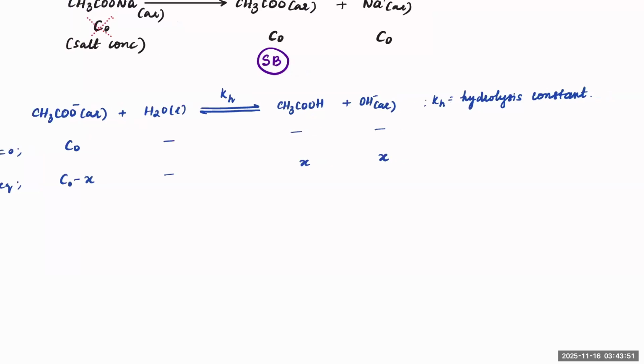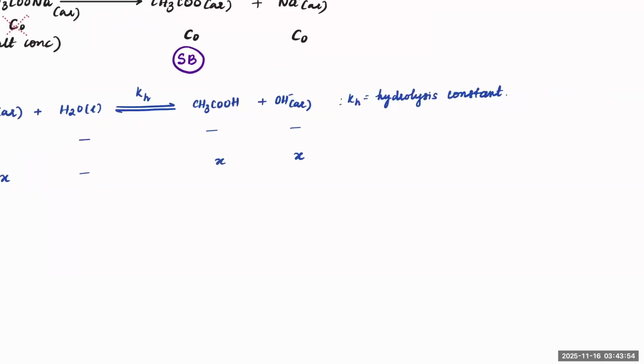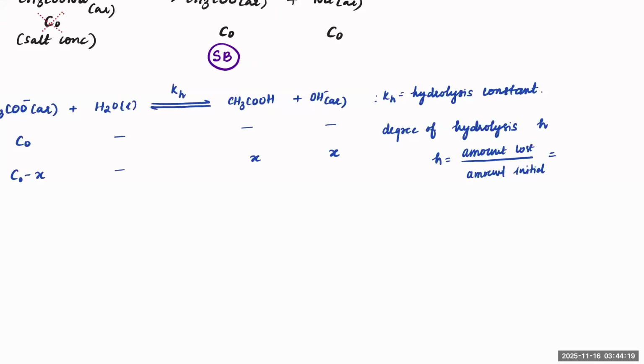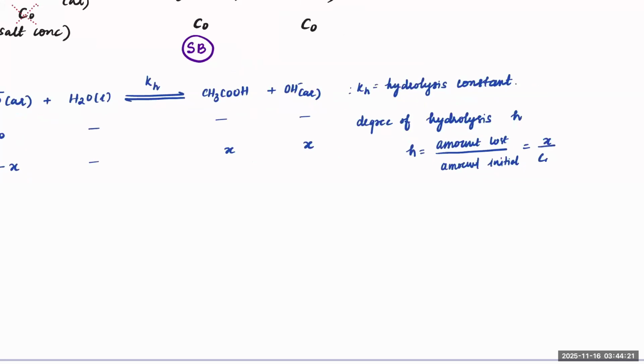Just like degree of dissociation, here we are defining a new term known as degree of hydrolysis, which is h. h is equal to amount lost divided by amount initial, just like alpha. So that is equal to X divided by C naught.